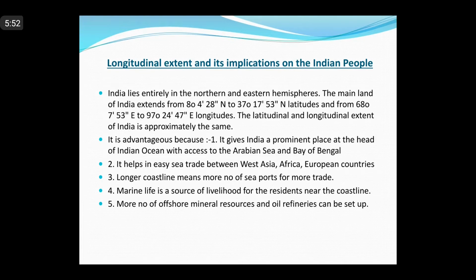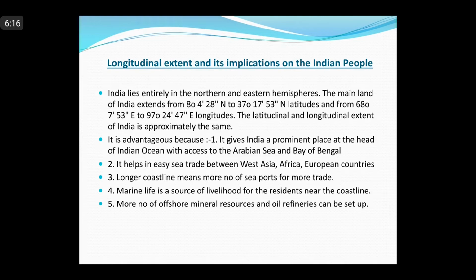It gives India a prominent place at the head of the Indian Ocean with access to the Arabian Sea and the Bay of Bengal. It helps in easy trade between West Asia, Southeast Asia, Africa, European countries and all other continents of the world.